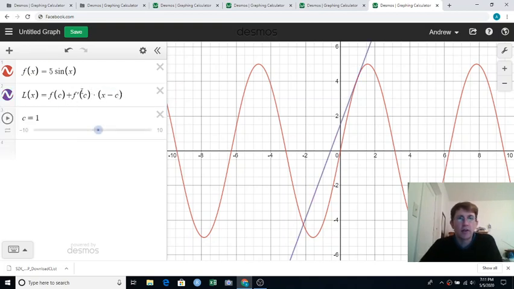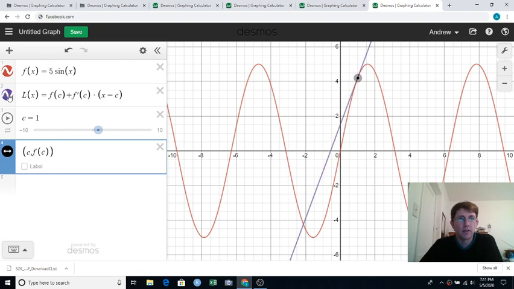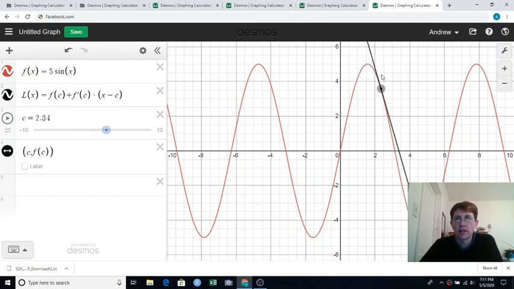And again, right now we're just depending on Desmos to compute f prime for us. Let's plot the point c comma f of c. I've been usually doing that in black, and this one we'll do in black as well. And let's move it over here just because negative slopes are good too.